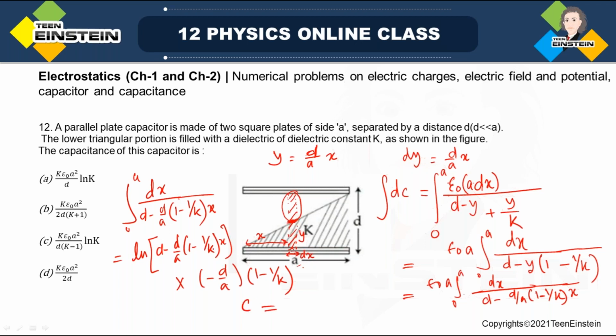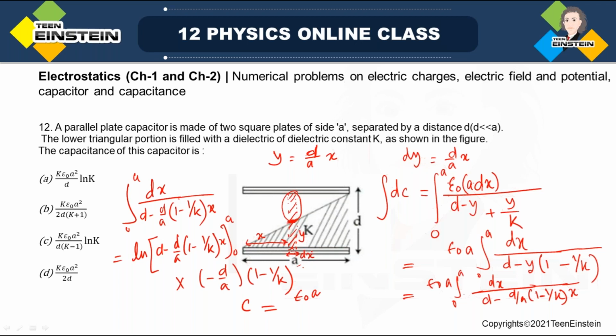You just go and put the limit. I'm just writing over here what is the actual. See, if I just write here, put the limit of x 0 to a, so a gets cancelled from here. So if you put it back, you will get total capacitance epsilon 0 a.